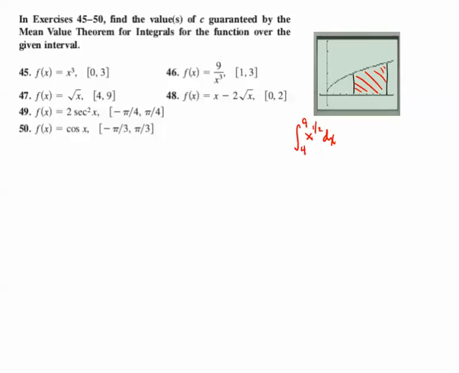But what we're looking for is also a height somewhere along here, where there is a horizontal line drawn through a point on the graph, and that horizontal line defines the top of a rectangle that has the same base as the integral area that we're looking at.